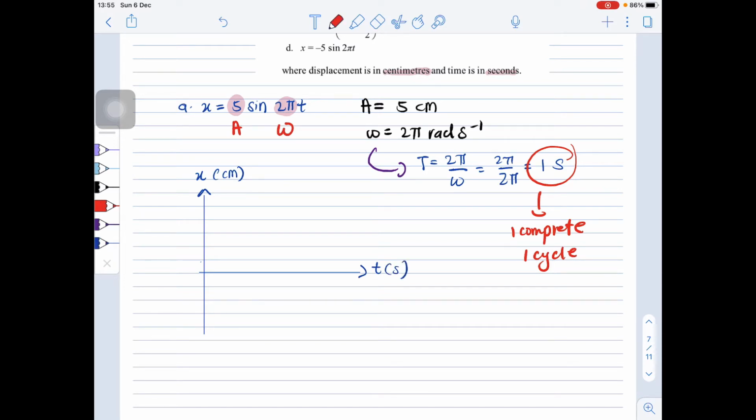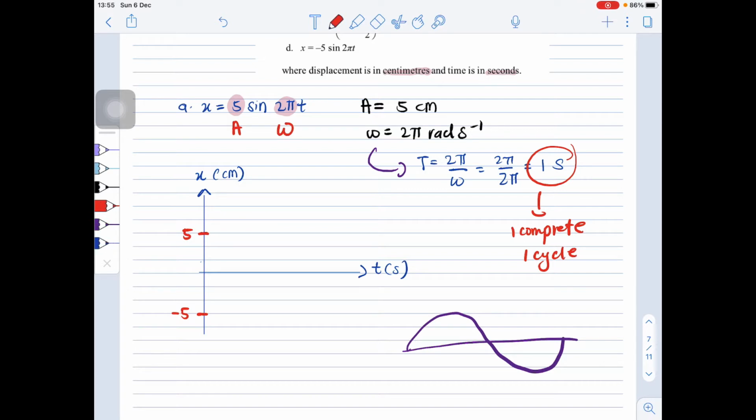Okay, and then we have the amplitude. Amplitude dekat sini adalah 5 kan? 5 dan negative 5. And this equation is a positive sign. Dekat depan ni dia adalah positif kan? So positive sign graph will look something like this. Okay, so that will be our graph lah.